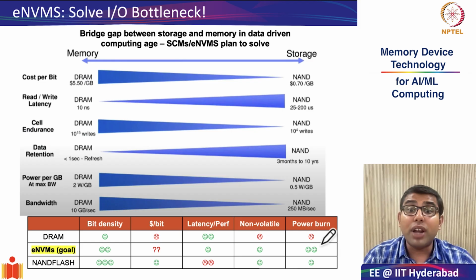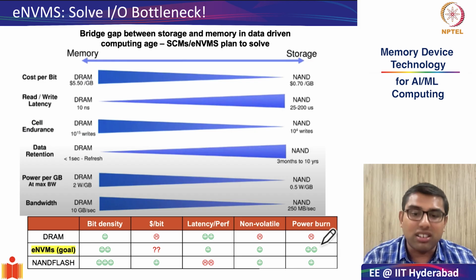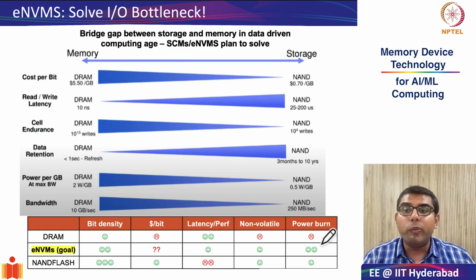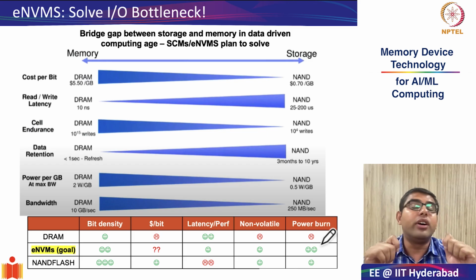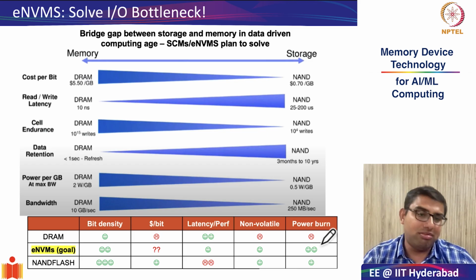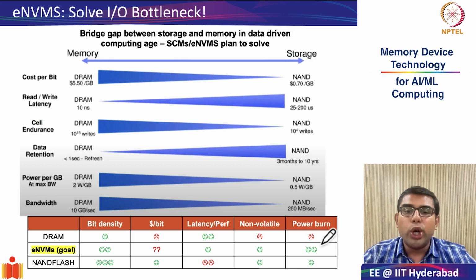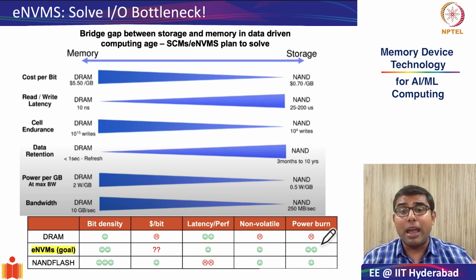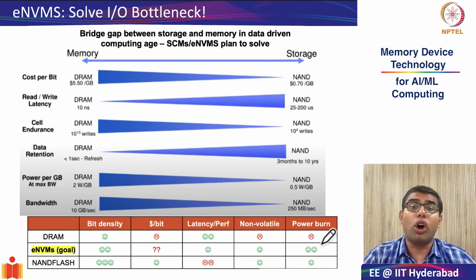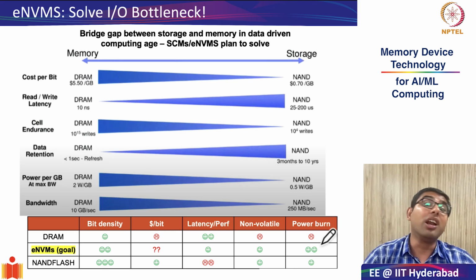But remember, NAND flash is still a dynamic transistor, which means it leaks power even when it is shut off. And this is the key value addition that eNVMs, especially two-terminal eNVMs, promise to bring. The idea is you will be able to contain this power burn by having passive two-terminal elements.